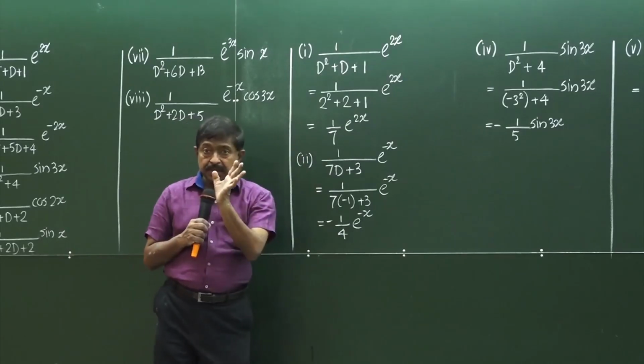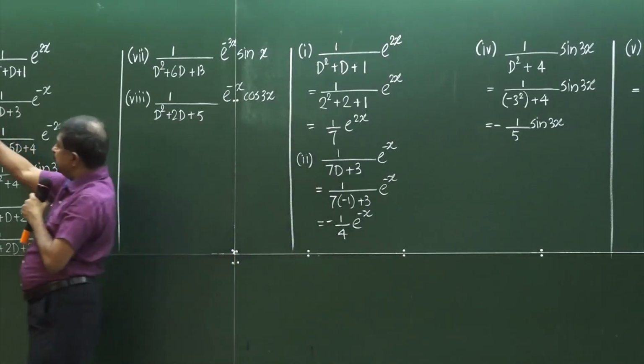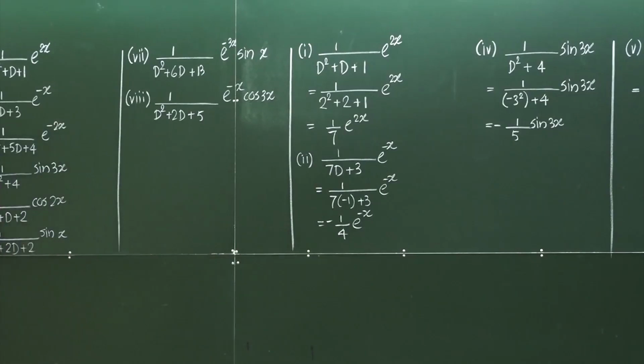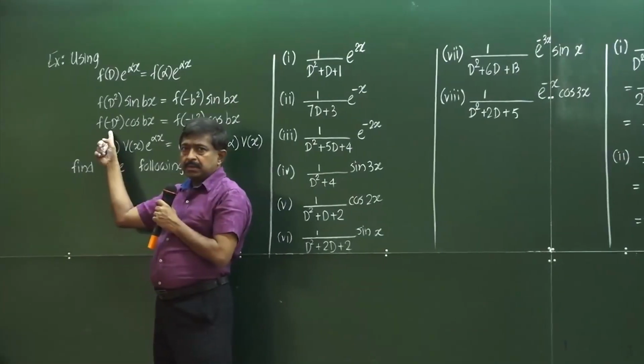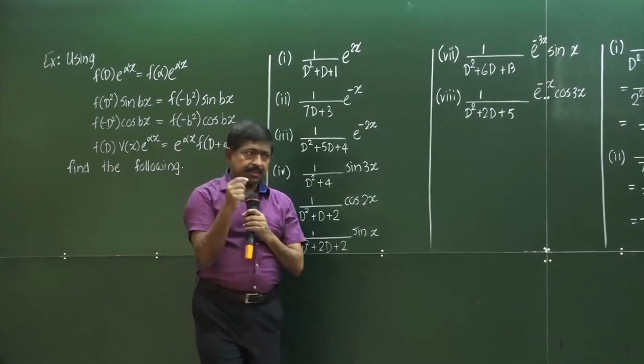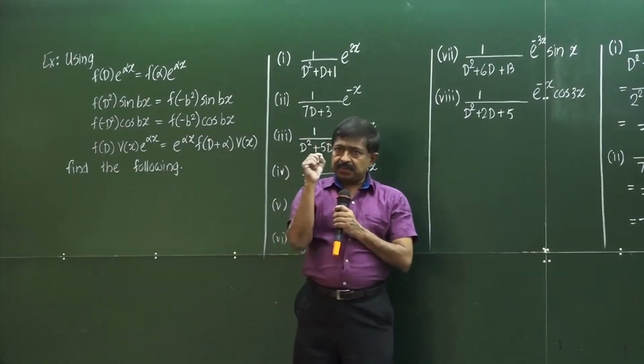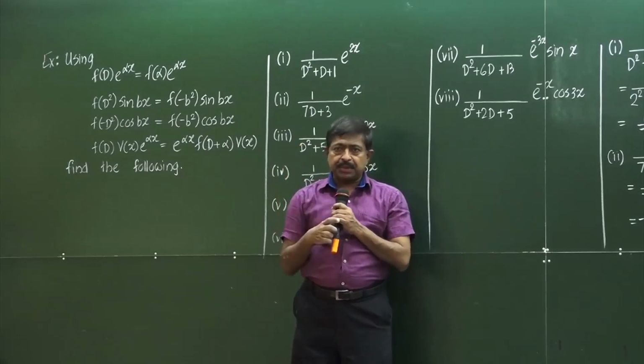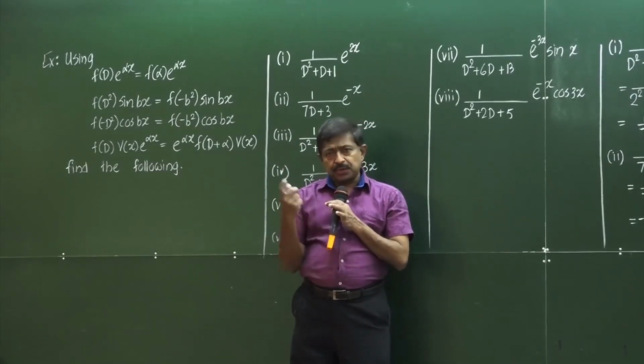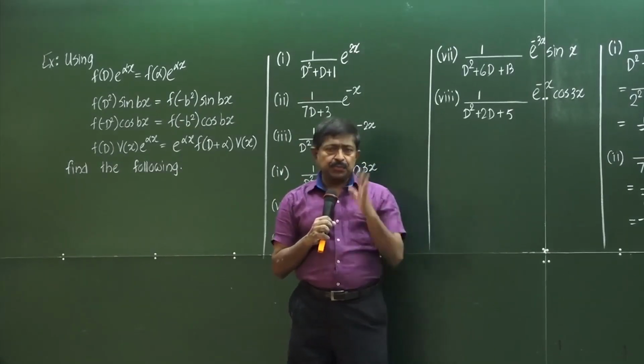Here you know that f(D) can be a rational function, right? Earlier, when I tried to verify those formulas, I simply took some polynomial type D operator functions, but it's true for rational functions as well. So don't worry too much about that.